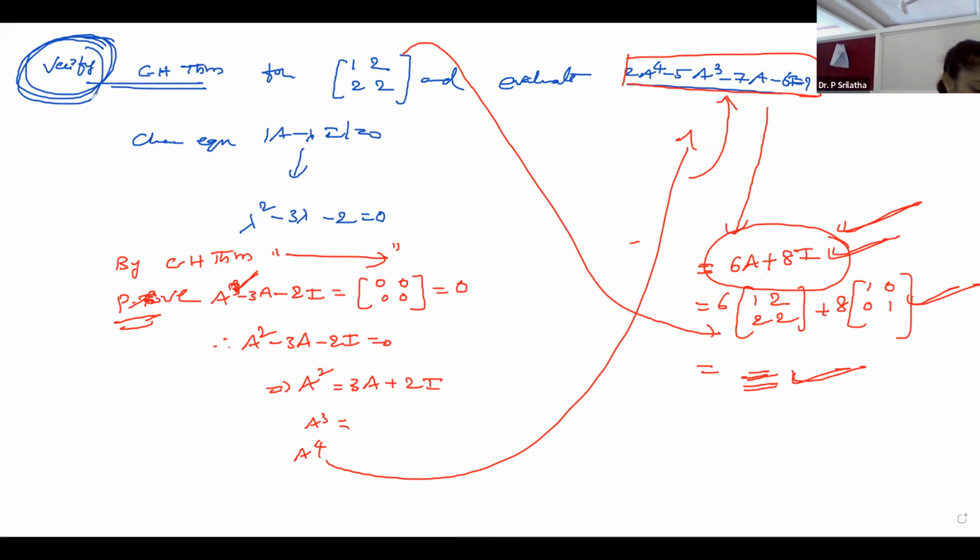Okay. So what is our second question? Using Cayley-Hamilton theorem, find A cube and A inverse if A equals the 2 by 2 matrix 2, 4, minus 1, 1.